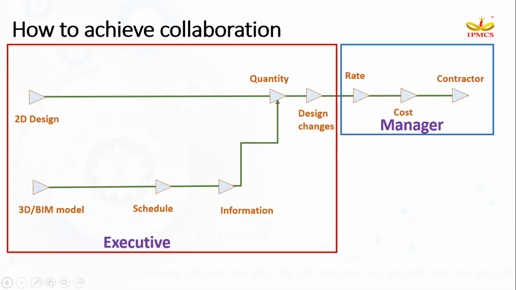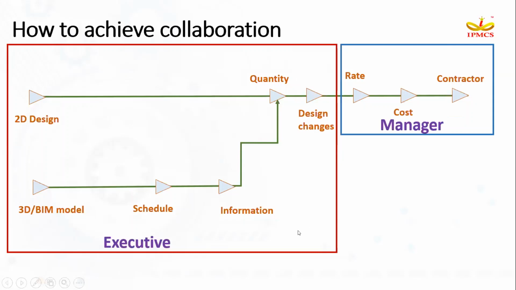This also helps us to achieve collaboration. As I told earlier, Costex is a BIM based solution. When we use a BIM solution, it helps to work in a collaborative environment. This collaboration can be achieved in Costex with multiple levels of people. Let's say I have categorized them into executive or junior level and manager level.